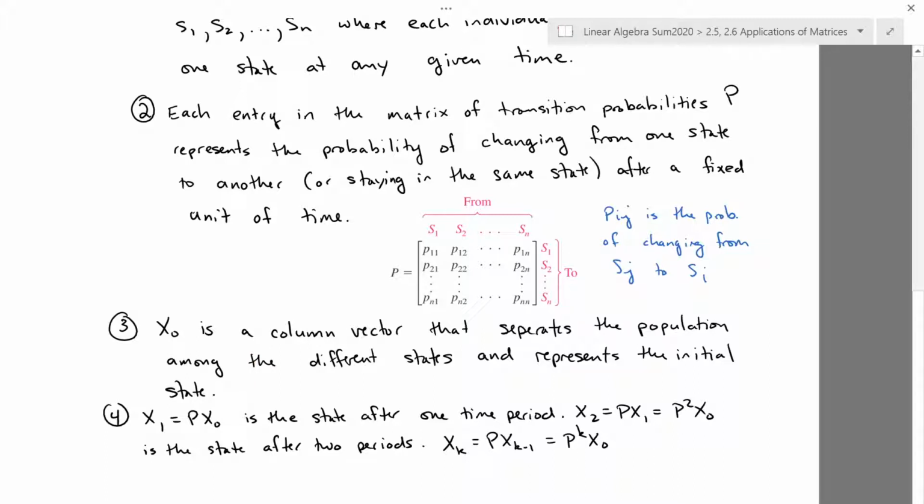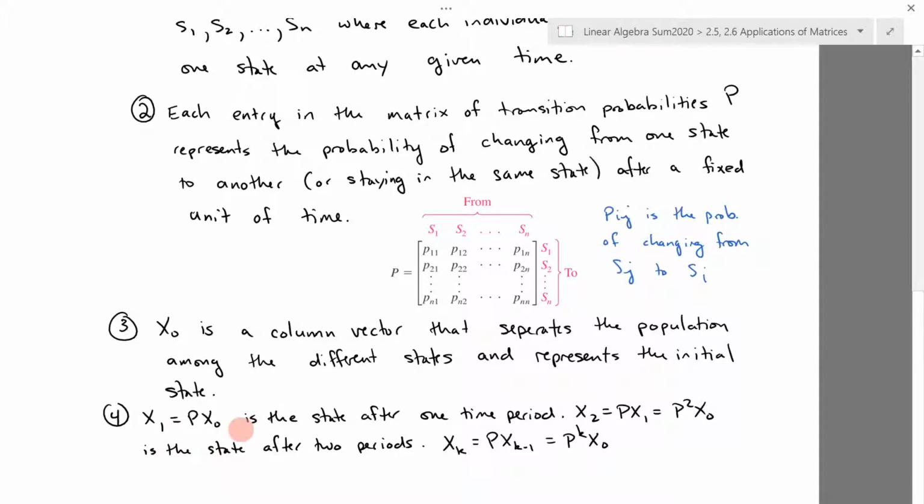And then finally, the way we calculate how the population changes over time is to just take the state vector and multiply by the transition matrix P. Right, so if 1 unit of time passes, then we'll multiply x0 on the left by P, and this will calculate the state of the population after 1 unit of time, which we'll represent as x1.